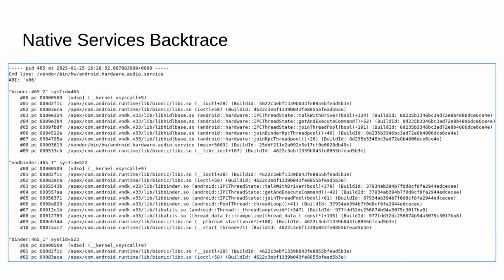Okay. Apart from this, there are a couple of other important miscellaneous things that are captured in a bug report and help us debug issues. The native services backtrace. This is a very, very important tool for debugging some issues.